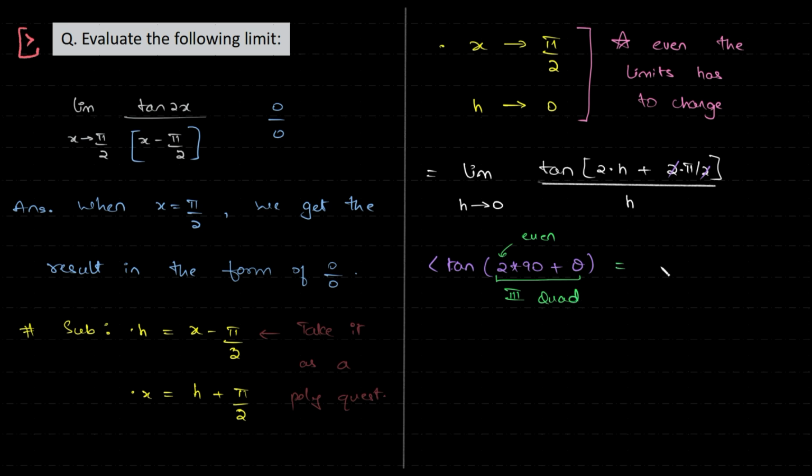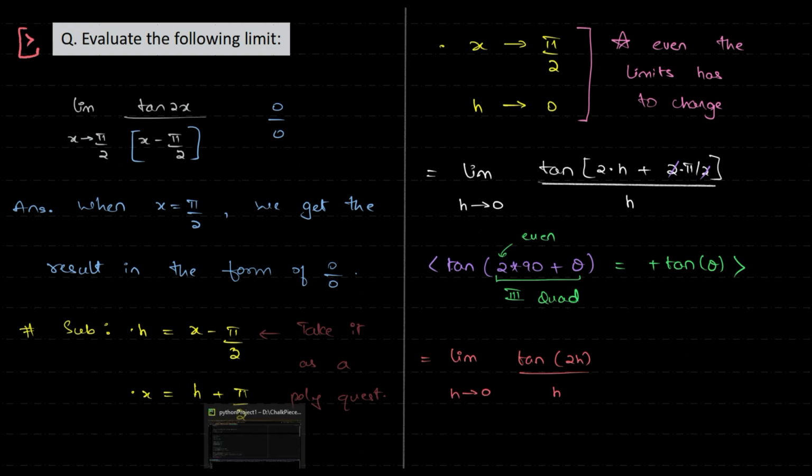Since it's in the third quadrant, it will be positive. Since it's even, it will remain tan, and we have this as tan of theta. So this entire expression will turn into limit tan of 2h by h as h tends to 0.